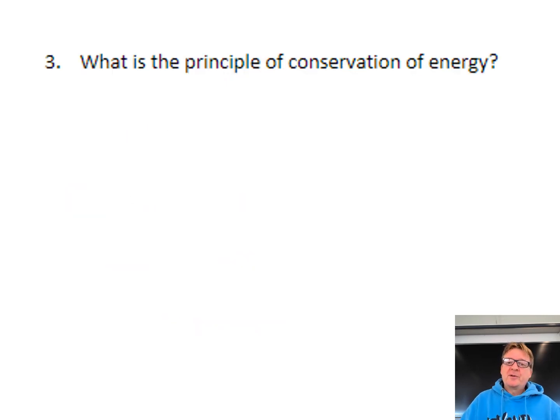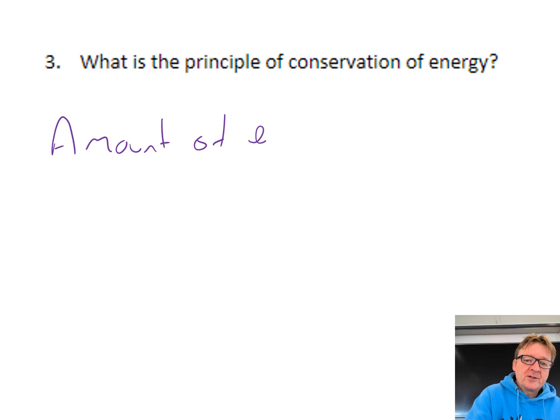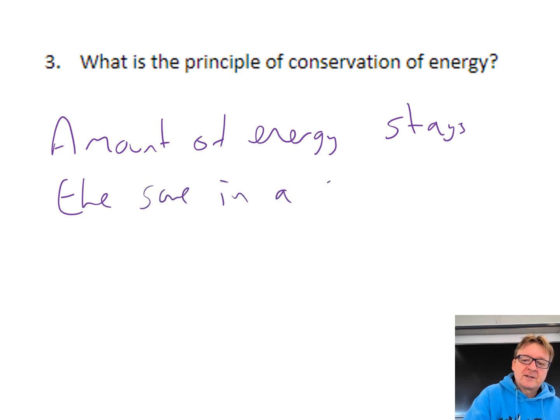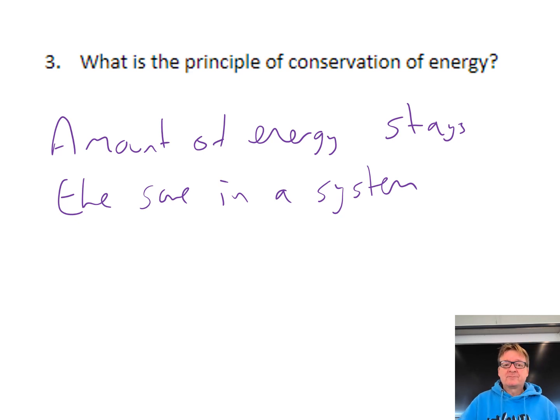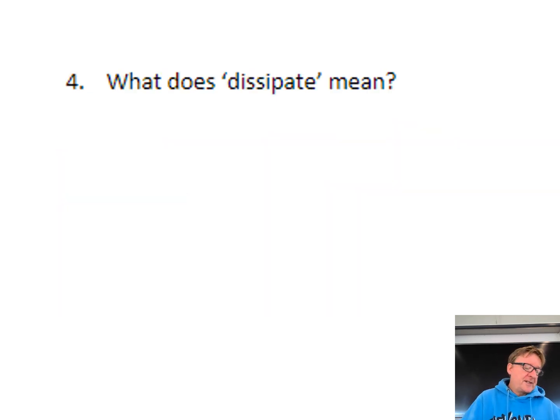Question number 3, what is the principle of conservation of energy? It is where the amount of energy stays the same in a system. So conservation of energy, energy stays the same. What does dissipate mean?